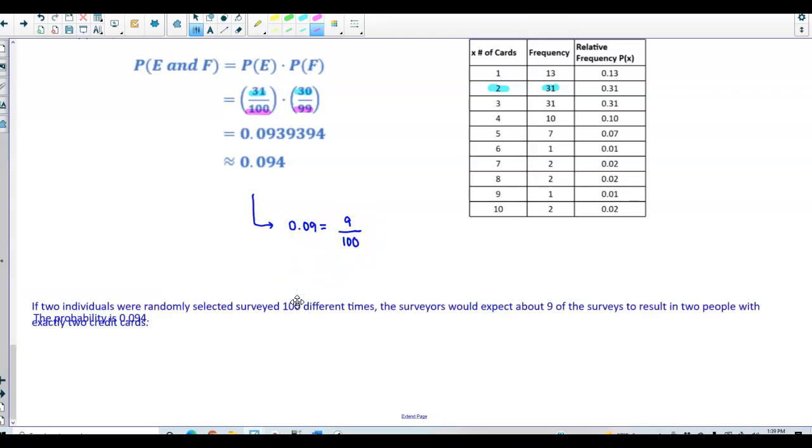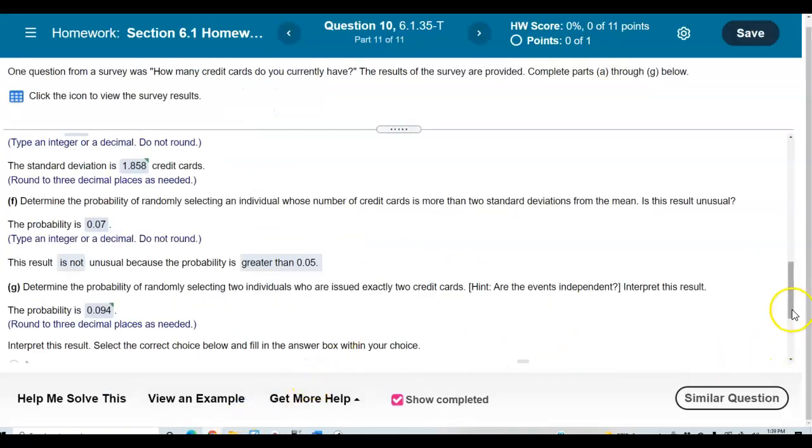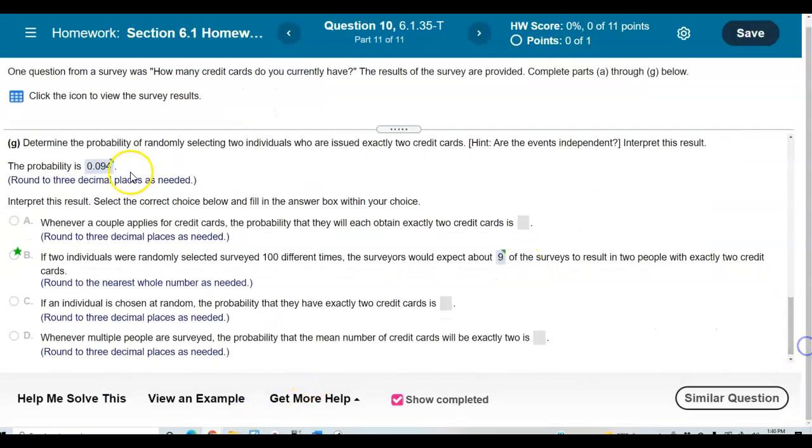And in order to interpret this result, we would say that if 2 individuals were randomly selected and surveyed 100 different times, the surveyors would expect about 9 of the surveys to result in 2 people with exactly 2 credit cards. So therefore, our result is the probability of 0.094, and if 2 individuals are randomly selected and surveyed 100 different times, we'd say the surveyors would expect about 9 of the surveys to result in 2 people with exactly 2 credit cards.